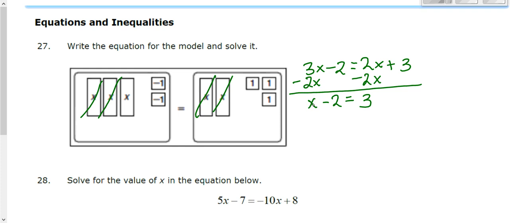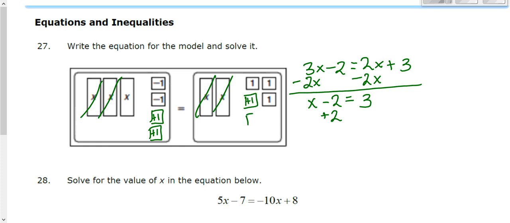Okay, so I want to get x by itself, and I have this minus 2, or 2 negatives over here. So I'm going to add 2 positive ones to get rid of the 2 negative ones. Now I have to keep it balanced on both sides.